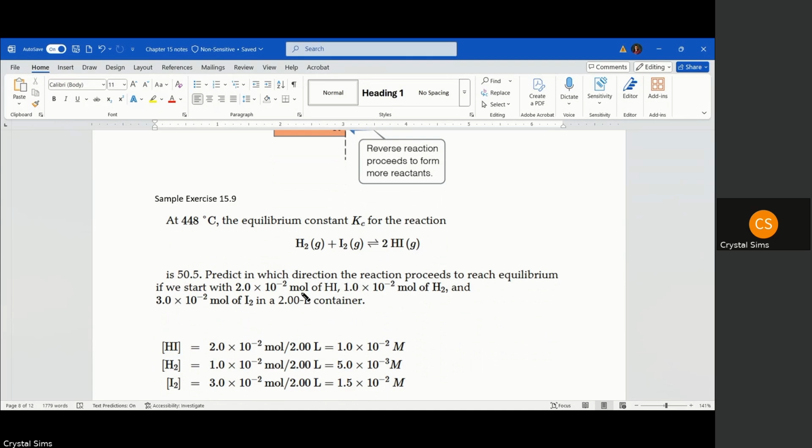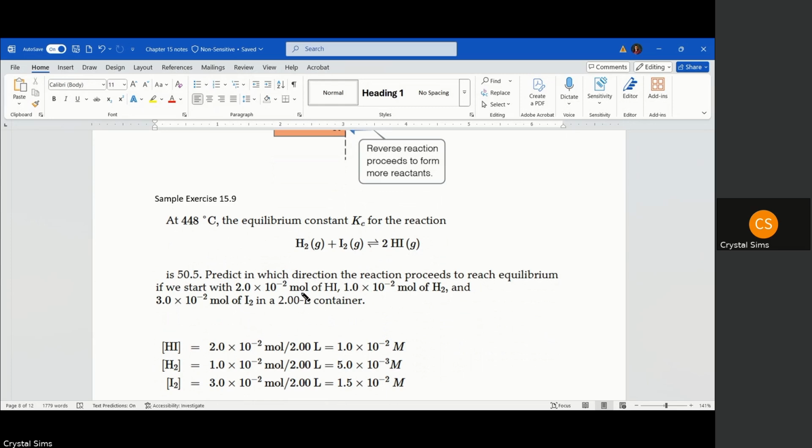So the first thing we have to do is figure out the actual initial concentration. We just divide each of those values they gave us by 2 liters, and that's going to give us our molarity. Because remember, concentration has to be in molarity.